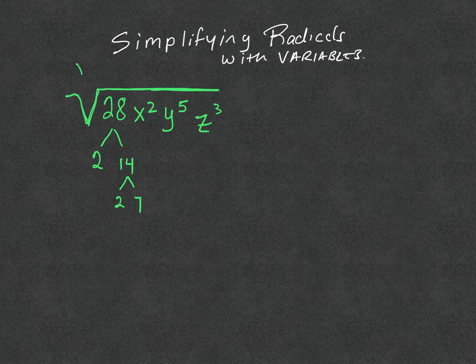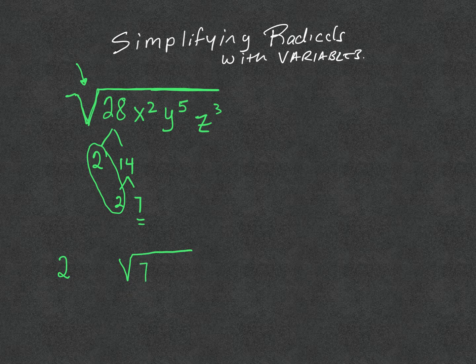We know that the index is 2 because it's a square root. So we're looking for groups of 2, and we notice that we have a group of 2 here. So the square root of 2 to the second power is 2. Now the question is, what do we do with the 7? Well, we didn't have another 7. We couldn't make a group, so that's going to stay in the radical.